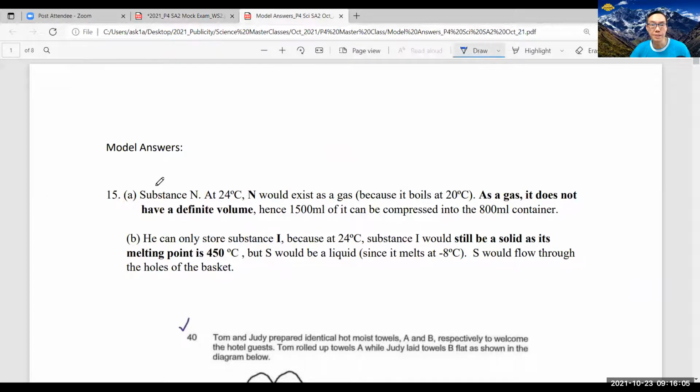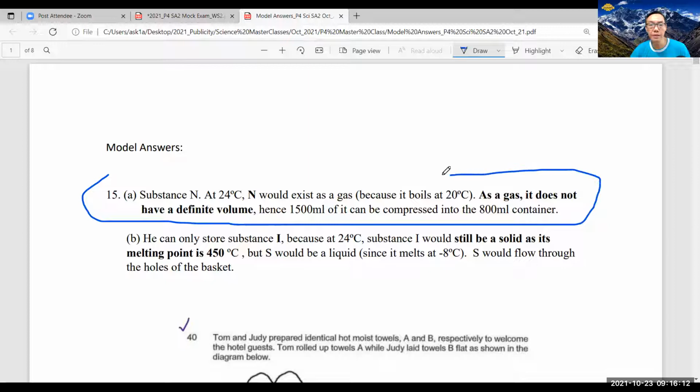So the answer is substance N. At 24 degrees Celsius, N would exist as a gas because it boils at 20 degrees Celsius. And in addition, they need to explain why it can be squeezed into a smaller capacity container. As a gas, it does not have a definite volume. Hence, 1,500 ml of it can be compressed into the 800 ml container.